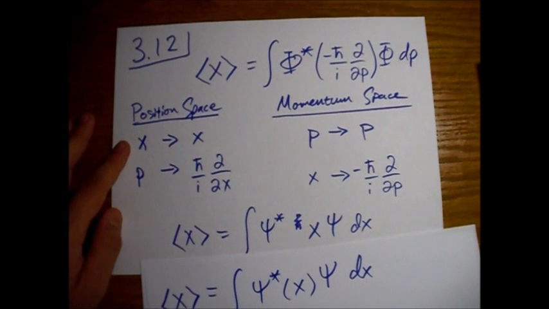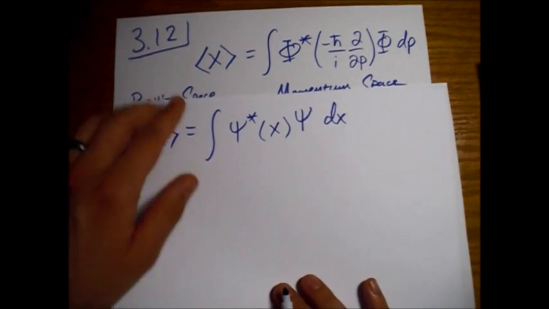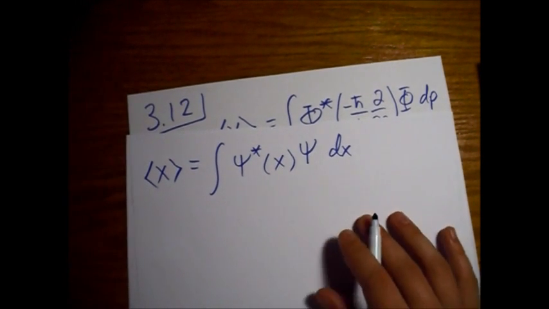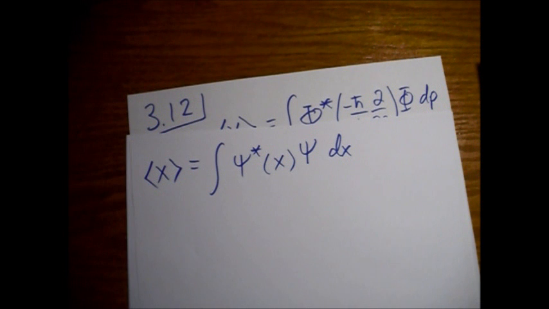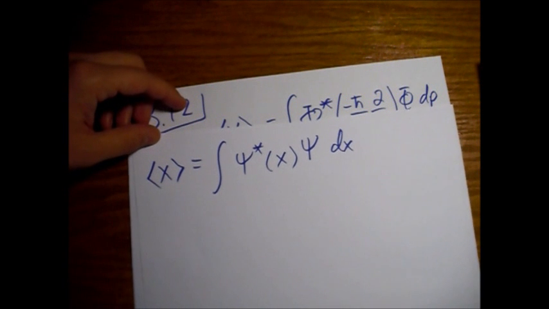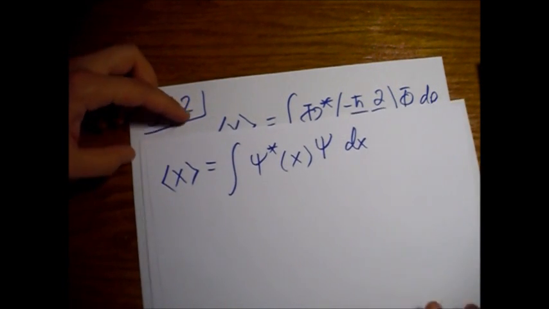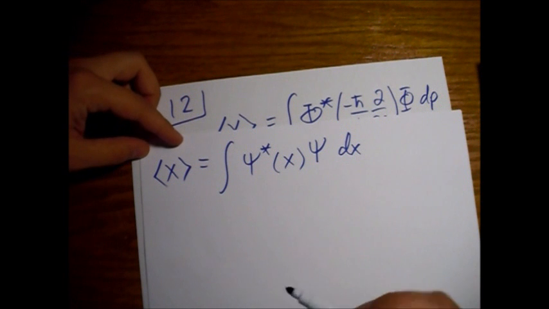I'm going to put parentheses around this x just so it looks more like an x instead of multiplication or something weird. Okay, so now we're going to write these position space wave functions in terms of the momentum ones. The momentum one is just the Fourier transform of the position one, and the position one is just the inverse Fourier transform of the momentum one.